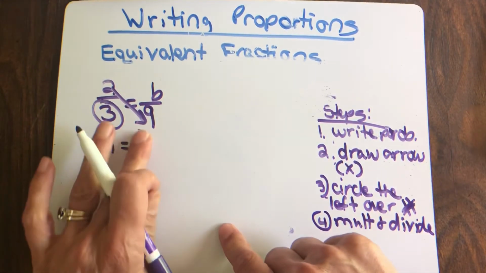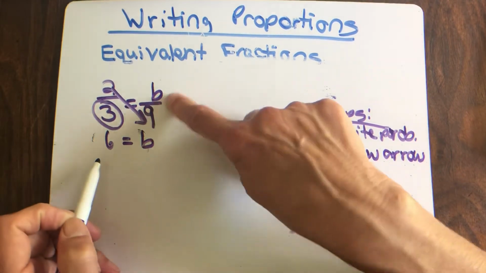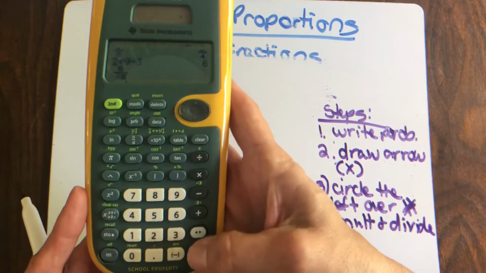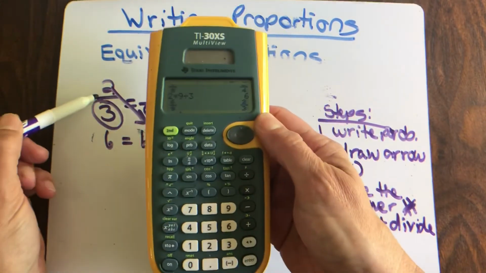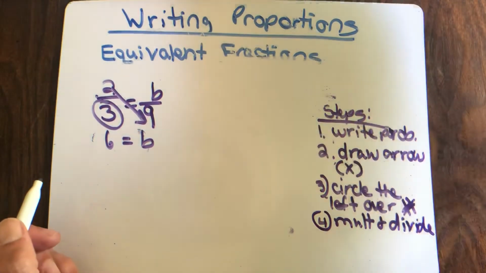I'm sorry, B equals 6. Okay, so B equals 6. So when I put 6/9 on the calculator as a fraction and hit enter, it should give me back 2/3, which it does.